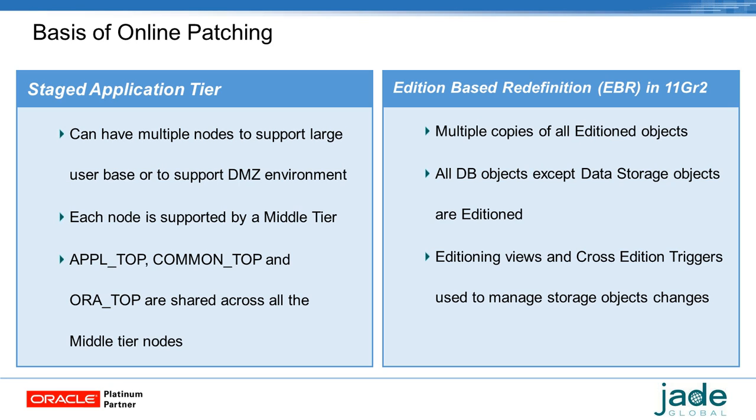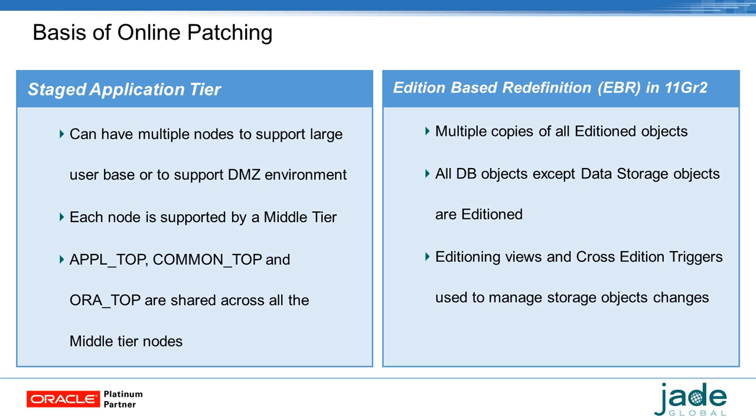Once you are in multi-edition mode and you enable edition-based redefinition, changes to one edition will not impact the overall processes in another edition. If you have multiple editions within your database, you will use something called cross-edition triggers, which are forward and backward, to share the data between these two editions.